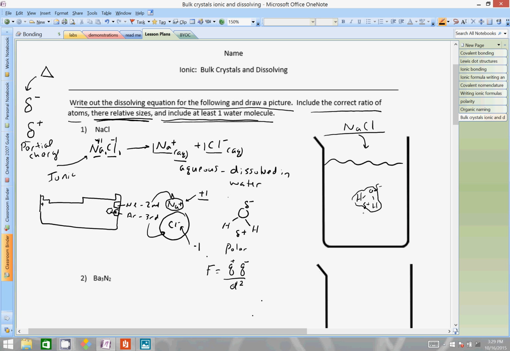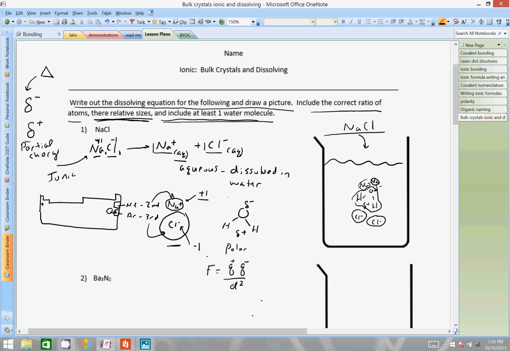Okay, the positive region will attract negative particles. That's the chloride. So I would draw my chloride right here. Now, there's one chloride for one sodium, so I'll draw my sodium over here, and I want to draw that a little bit smaller. Whatever number of chlorides I draw, I have to draw the same number of sodiums.